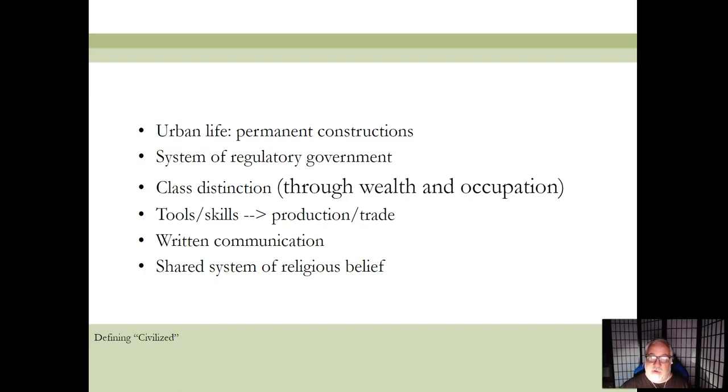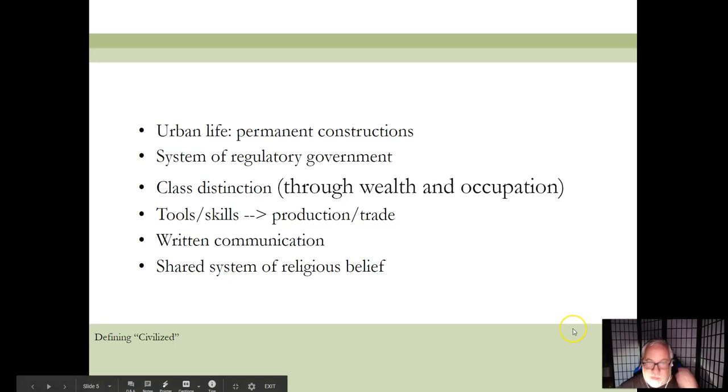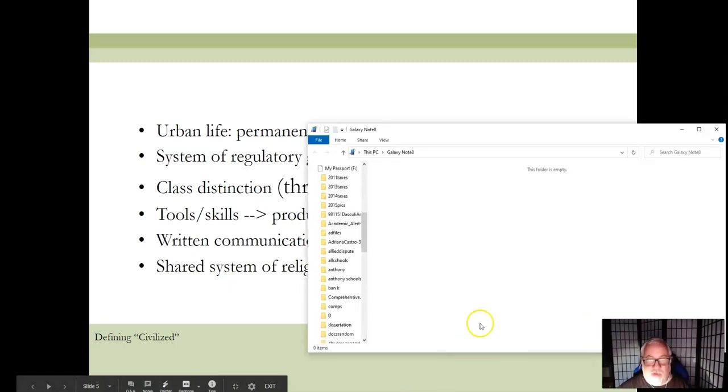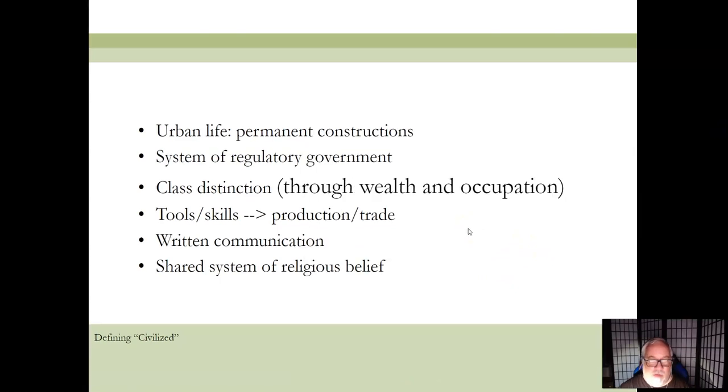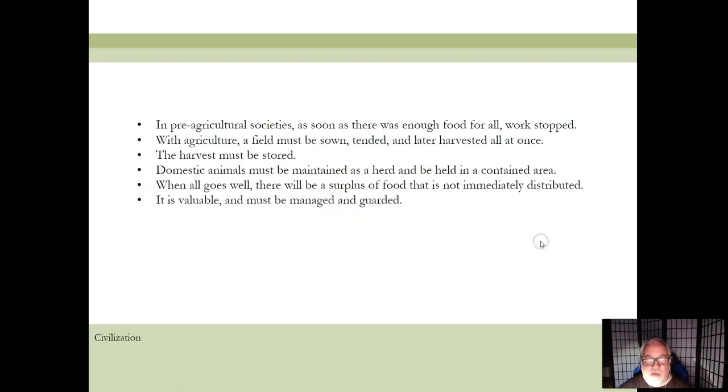There has to be some kind of production of goods being made, selling of goods, trading of goods, that kind of stuff. And then there has to be a written communication system, of course. And also generally, most of the time, a shared system of religious belief.